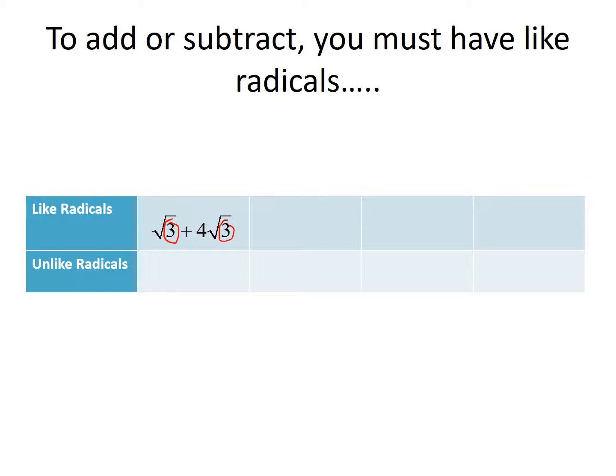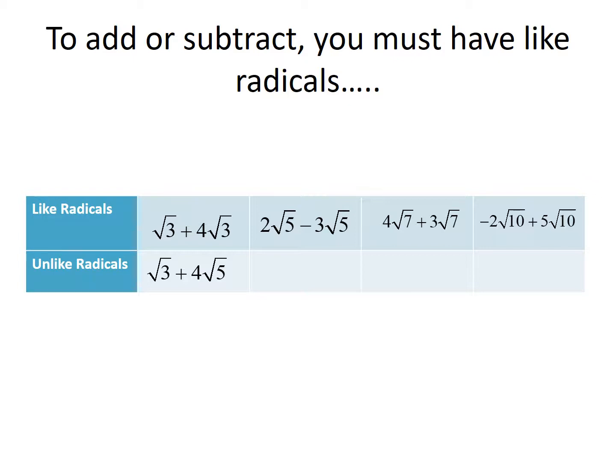So this would be an example where we combine this to 5 times the square root of 3. Or if we had 2 times the square root of 5 minus 3 times the square root of 5, those are like radicals. 4 times the square root of 7 plus 3 times the square root of 7. And finally, our last example is negative 2 times the square root of 10 plus 5 times the square root of 10. These are all like radicals. And again, you do not need to write this slide down.